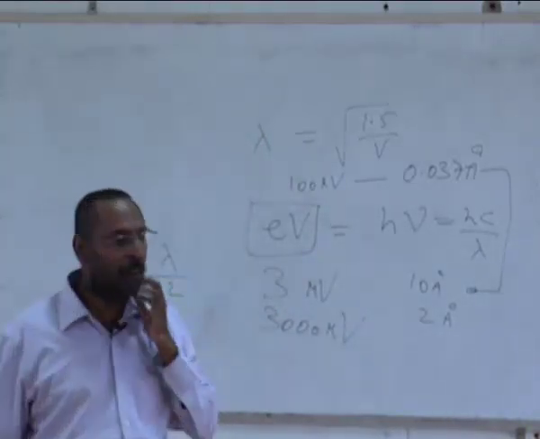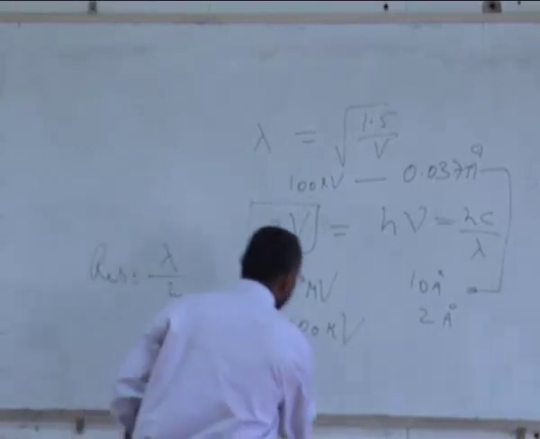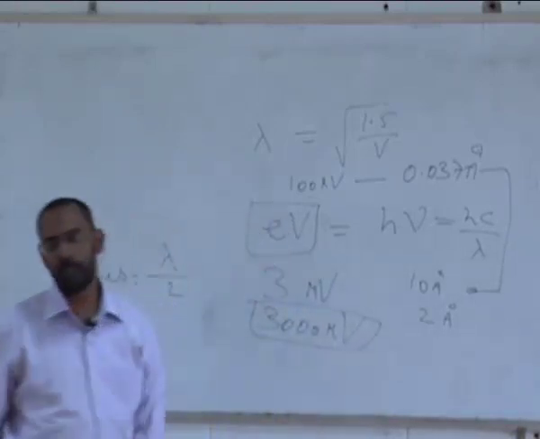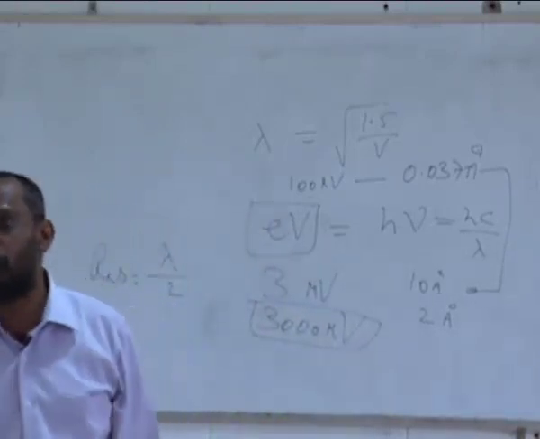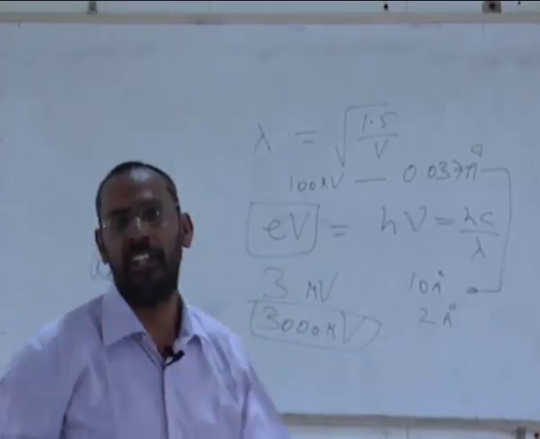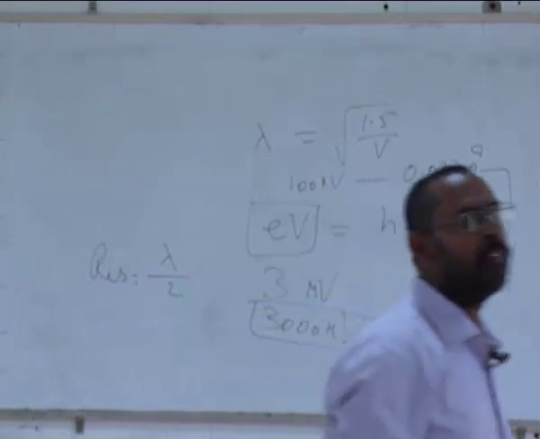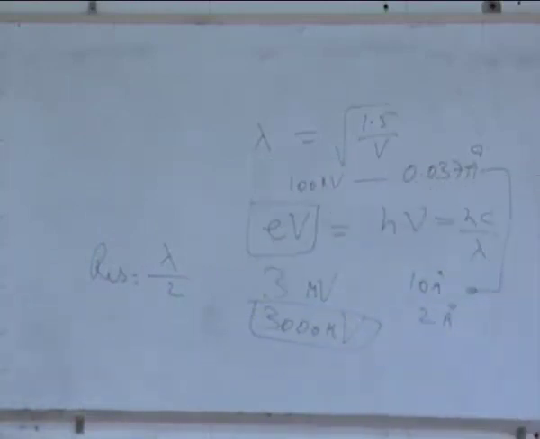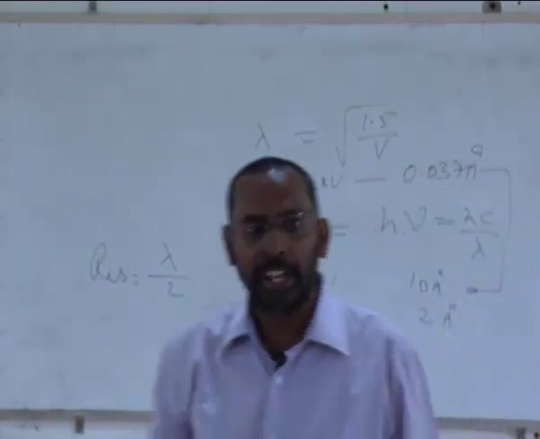Nowadays, people found that there is no point in going for this kind of microscopes. The problem with that kind of microscope is, when I use an electron beam with such a high energy, this energy is so high that it can even destroy my sample. People have seen a crystal structure.